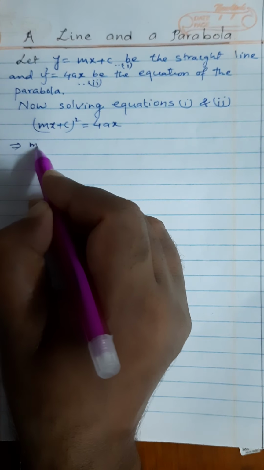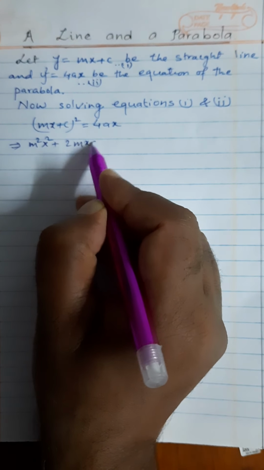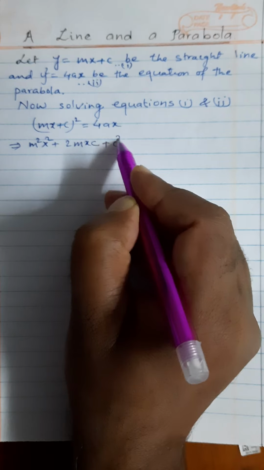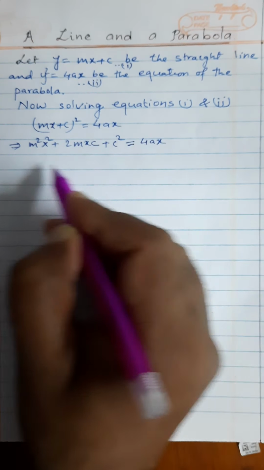So it becomes m square x square plus 2mcx plus c square equals 4ax.